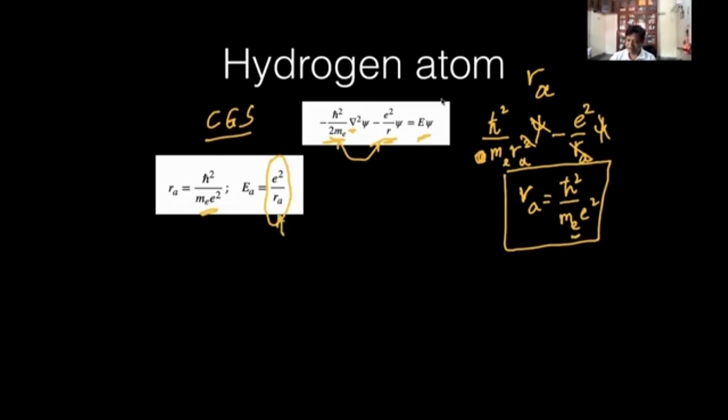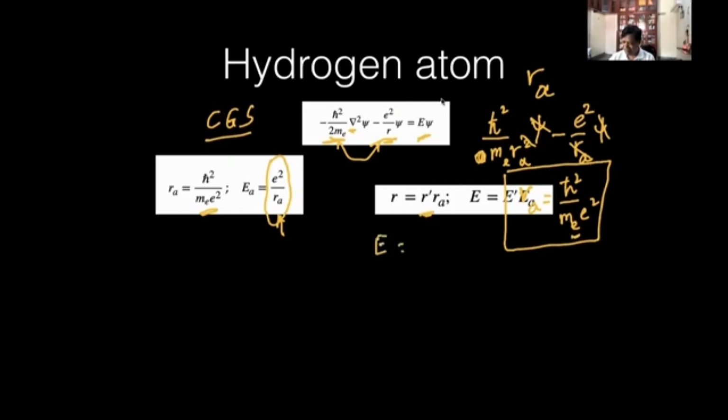Now I will write R equal to R prime times R_A, and E equal to E prime times E_A. So what is the dimension of R prime now? R prime is dimensionless. And the dimension of E prime?